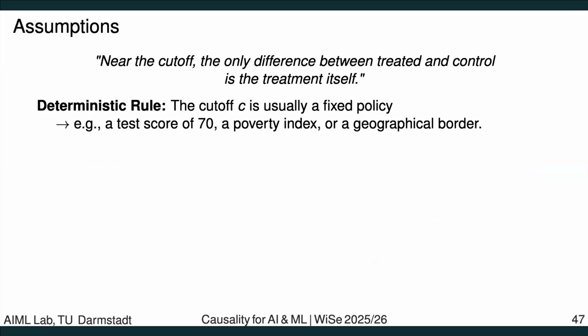And we discussed this. So the thing here is that the rule needs to be a fixed policy, and sometimes it's test scores, some sort of poverty index where you say, okay, below or above a certain threshold, you're poor, you're rich, whatever. But it can also be geographical borders where you say, well, I'm in Europe and maybe I move a few meters to the right across a border to another country.